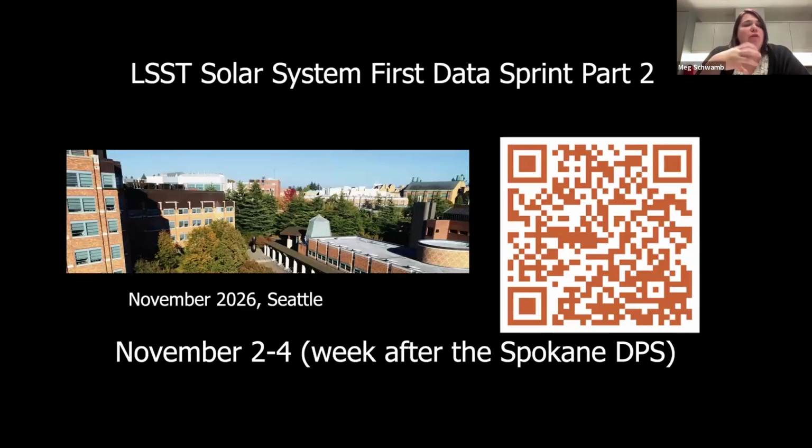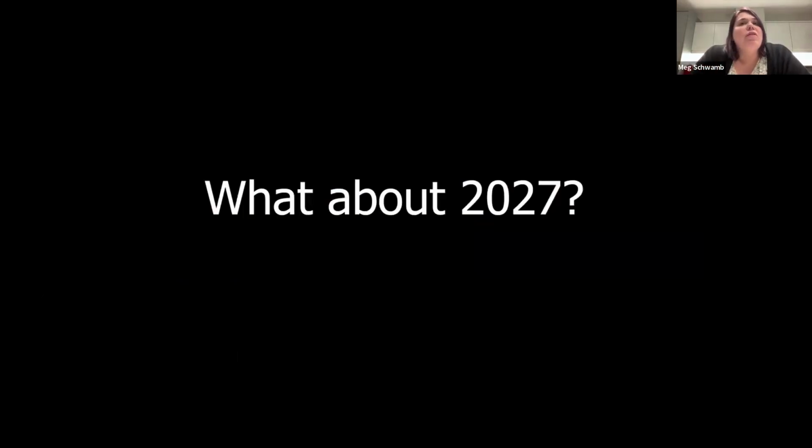But I'm very eager to hear people's thoughts about how we do that moving forward, especially into 2027. We have funding, thanks to the LSST Discovery Alliance, to do an in-person sprint. Right now, they're thinking of doing it in Canada. We've had some early discussions, but we don't have any dates yet set. But that's the thinking, is to at least be able to do one more sprint that we know will be fully funded.